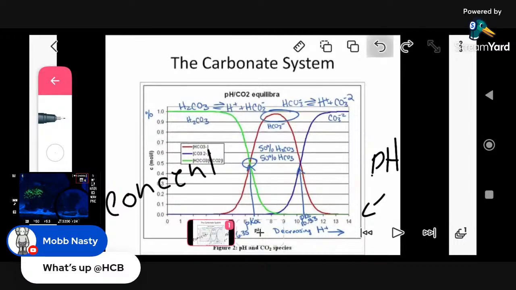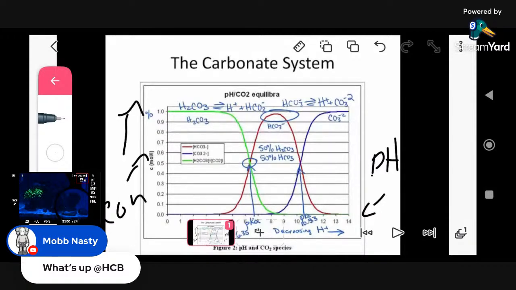I'm just showing you guys how to read the graph. This is a concentration. It increases as it goes up this way, and it increases as it goes this way. That's the pH scale, and the other one is the concentration.